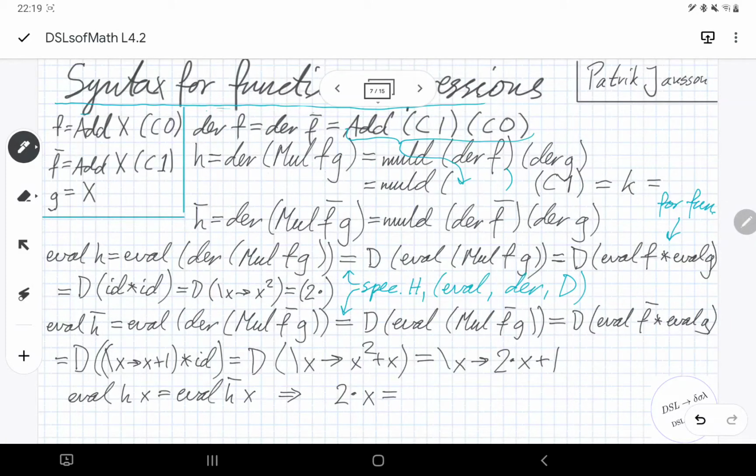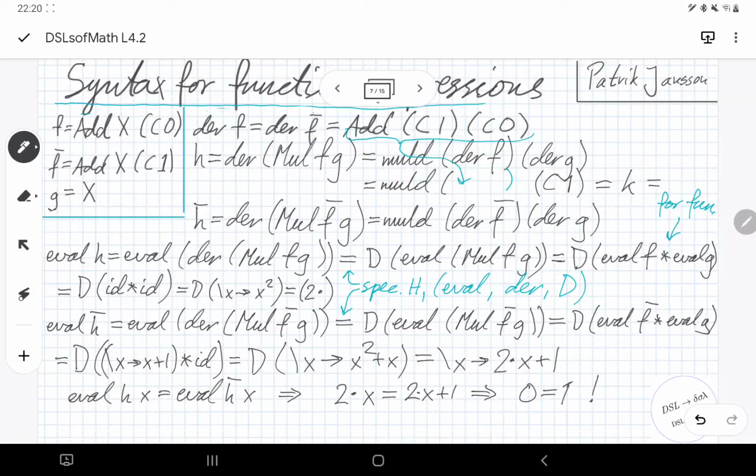On the right-hand side, it's this other function applied to x, so that's 2x plus 1. And now let's subtract 2 times x on both sides. Then we have proven that 0 equals 1. Okay, 0 equals 1 is clearly a contradiction.